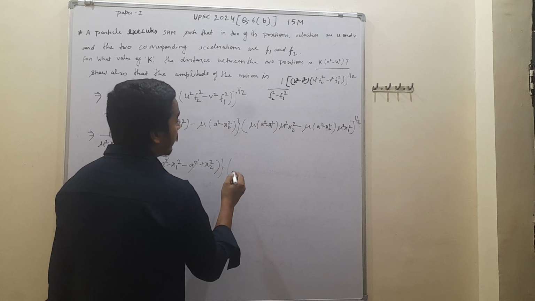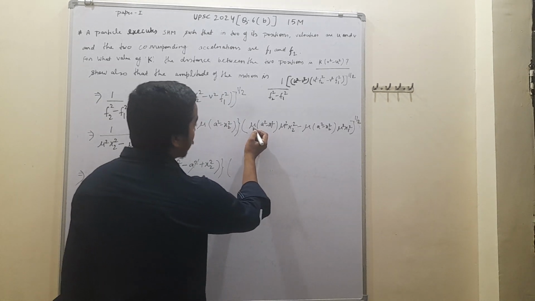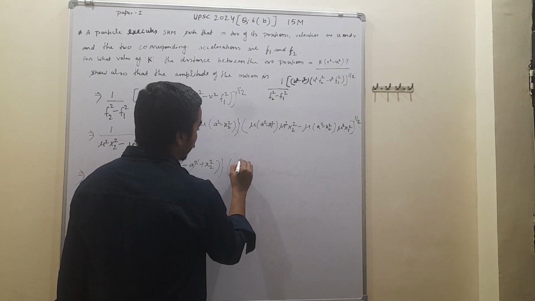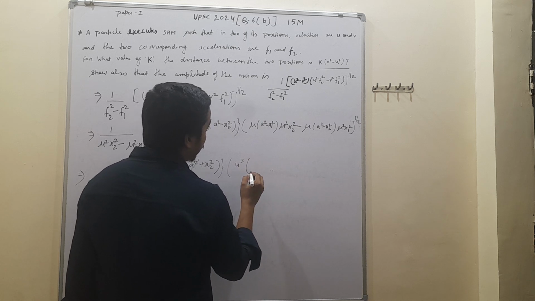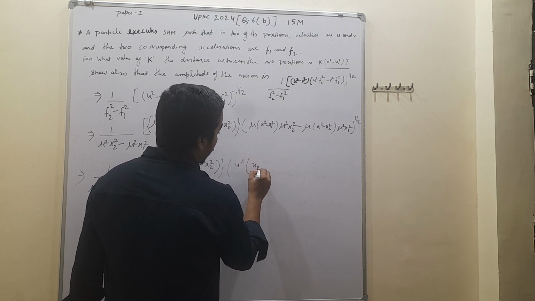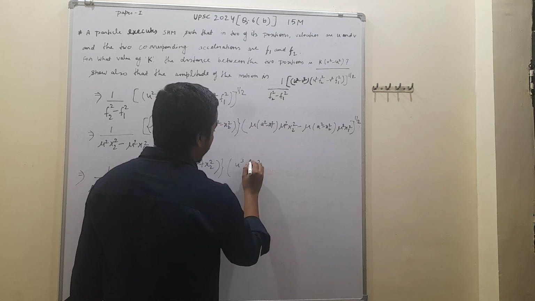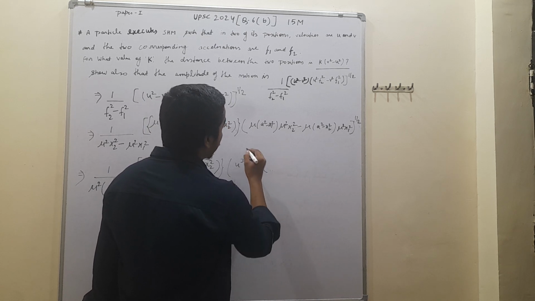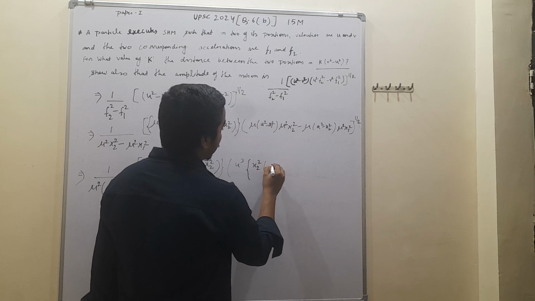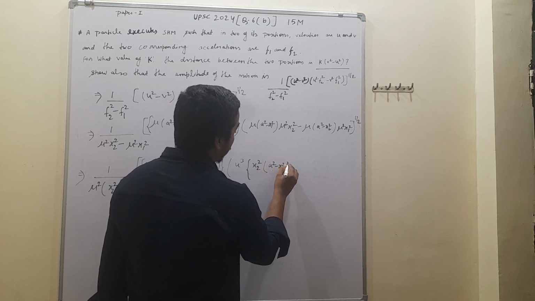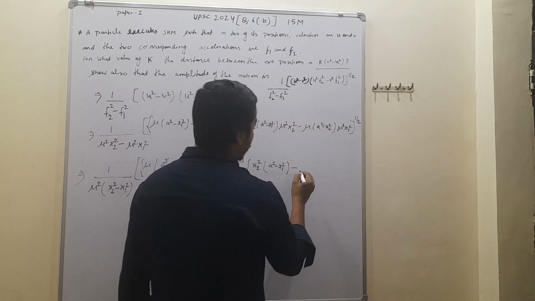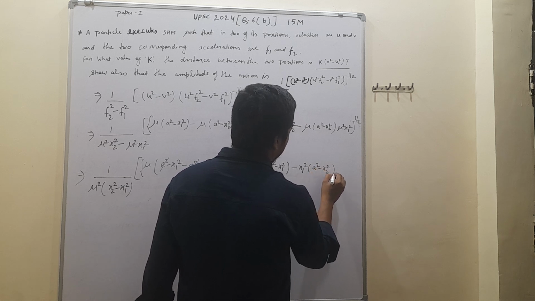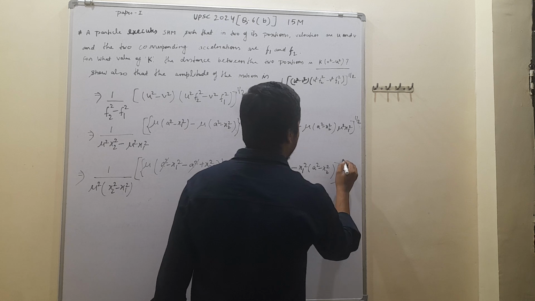And from here mu square, that is mu cube, and mu cube is common: x2 square (a square minus x1 square) minus x1 square (a square minus x2 square), whole power 1 by 2.